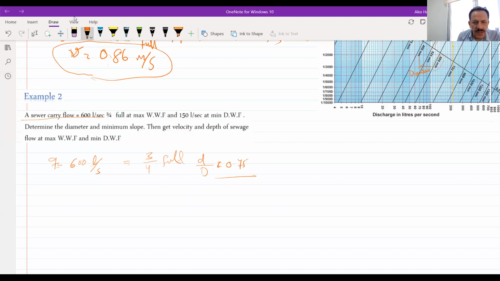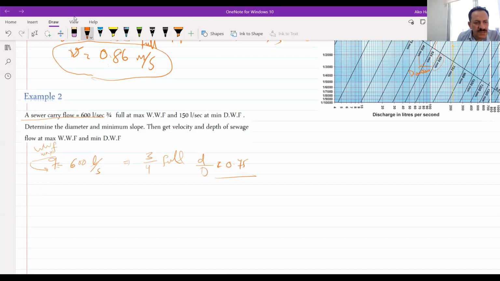This flow is the real one, and this is the maximum wet weather flow.